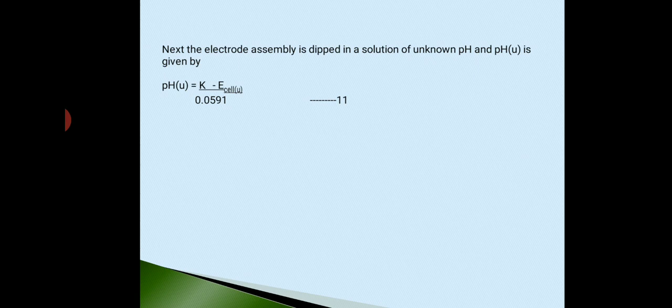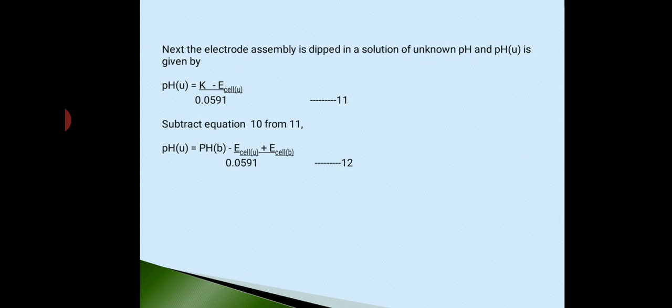Now I have to eliminate this constant term. If constant terms are there, the equation will not be accurate. The last step will give me an accurate equation. For that, I have to subtract equation 10 from equation 11. When I do that, I get the simplified equation, which is pHu is equal to pHb minus E cell U plus E cell B upon 0.0591. Previously I have directly written it here.